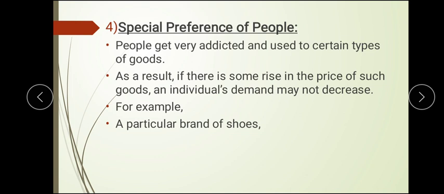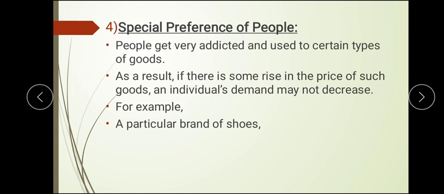At that time the law of demand is not working on that particular good, because people have a special preference, a special corner for that particular branded thing. In the same way, you find it in mobile phones. If you see most parents, they try to go with the Samsung company.